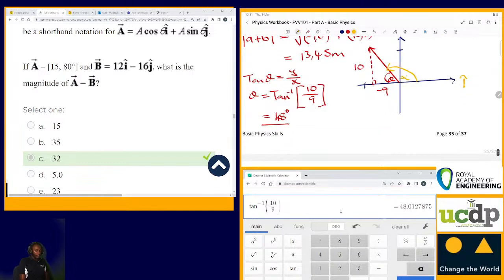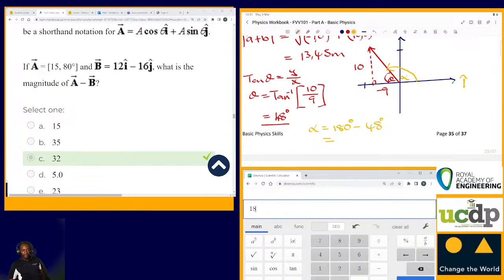So to get our angle alpha, alpha will now be equal to 180 degrees minus 48 degrees. 180 minus 48 equals 132, right? So this becomes our angle in question.